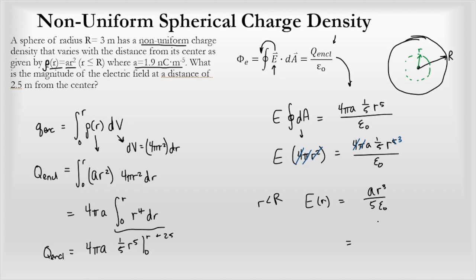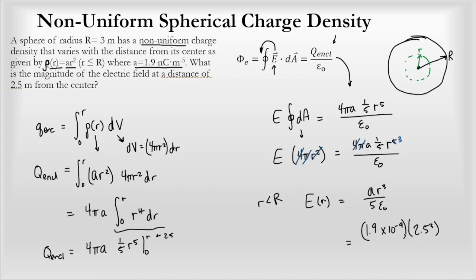You can plug numbers in: 1.9 nanocoulombs times 10 to the negative 9th. There are some units going on there, and you can see they cancel out. We have meters to the negative 5th, and then you end up with meters squared in the denominator. It works out fine.